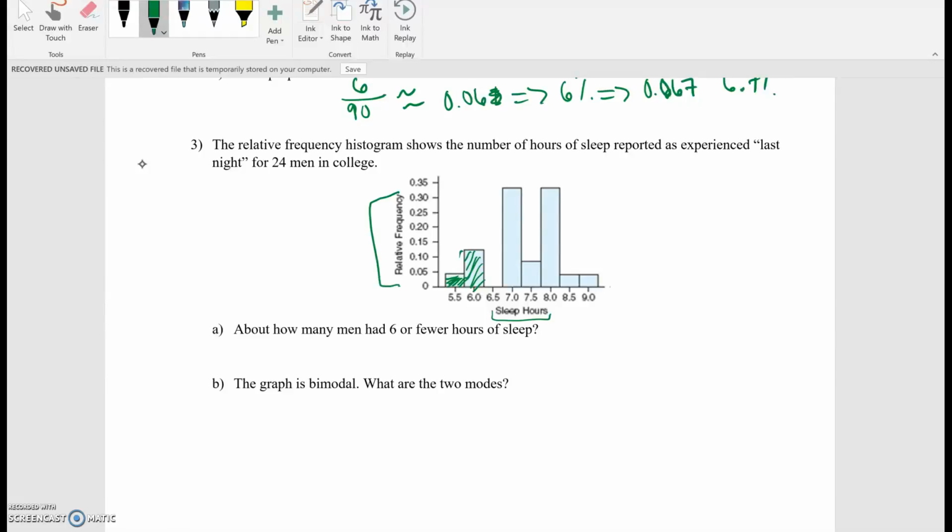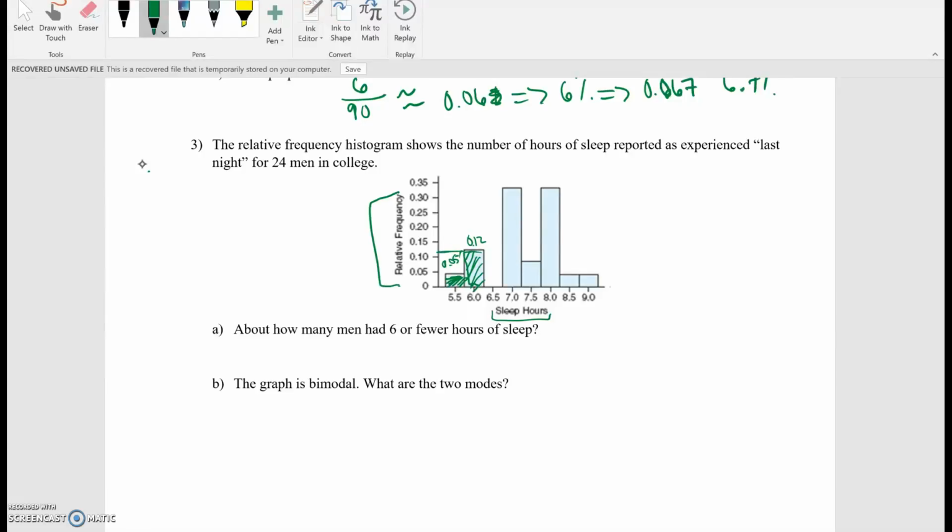This graph doesn't tell me how many there are, but it tells me it's about 0.12 here, and about 0.05 here.